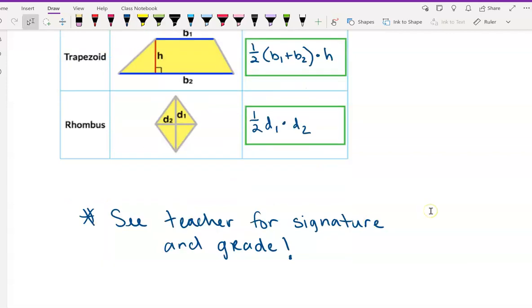So now, this completes our notes. I need you to come see me, your teacher, for a signature. I'm going to evaluate your notes to make sure they are very good notes, and you're going to get graded on them. This is going to be a quiz score, so if you do not do well, I'm not going to recommend you go back and change them.